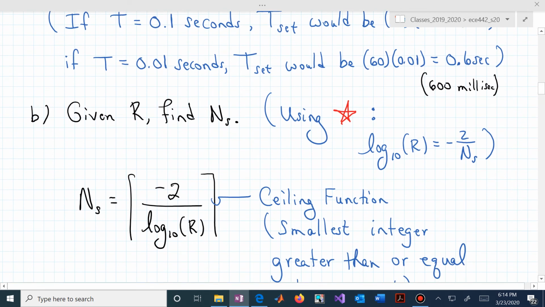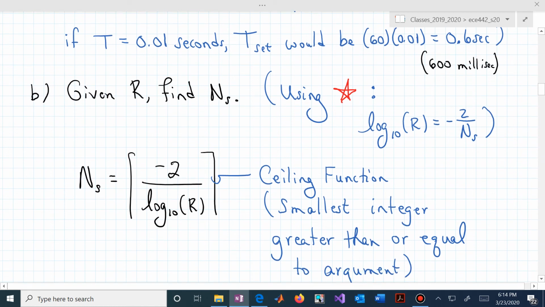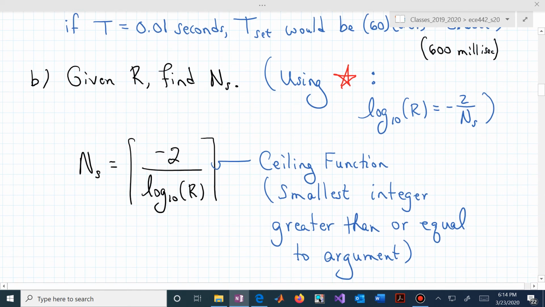We can multiply both sides by n sub s, divide both sides by log base 10 of r. We're given r. Everything on the right is known. Now, since we want n sub s to actually be an integer, we'll basically take the smallest integer greater than or equal to what that numerical value is inside the ceiling function.